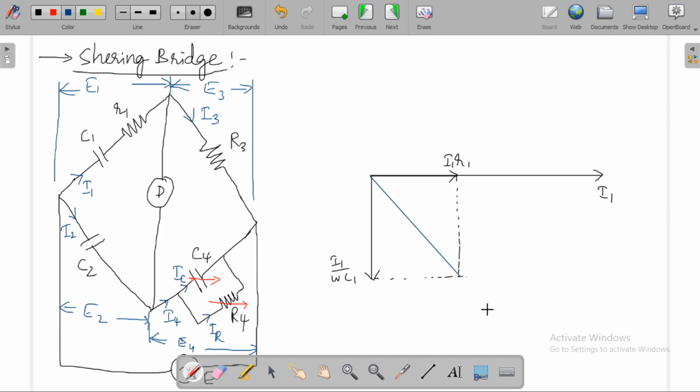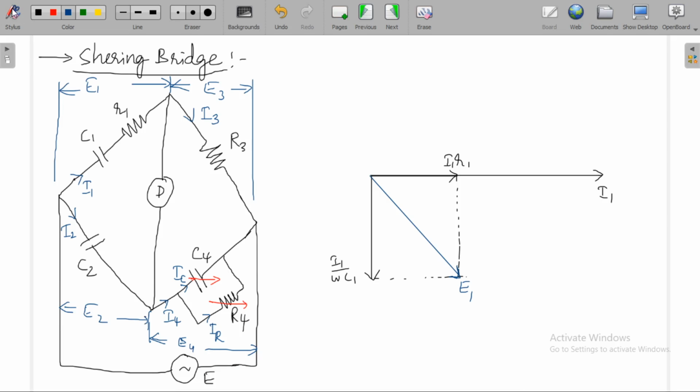E1 is equal to E2, which is equal to voltage across this capacitor, that is I2 by omega C2. E1 is equal to E2, equal to I2 by omega C2.